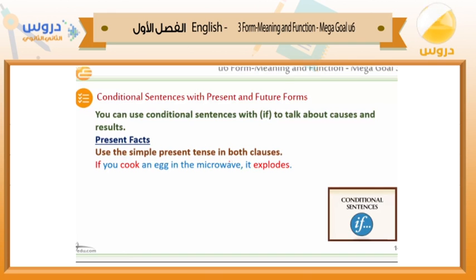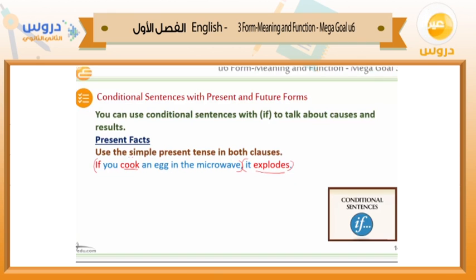So we have two clauses. This is the first clause, we call it the if clause, and this is the result clause. The verbs here are cook and explode, or explodes.